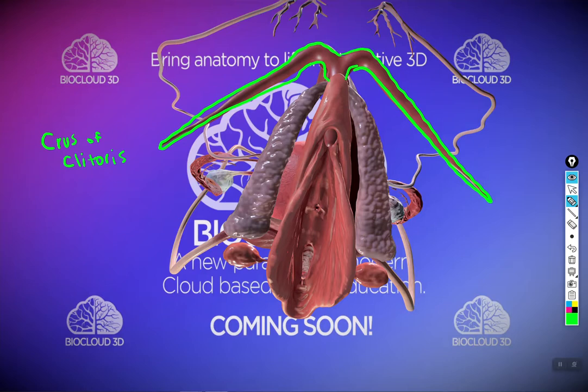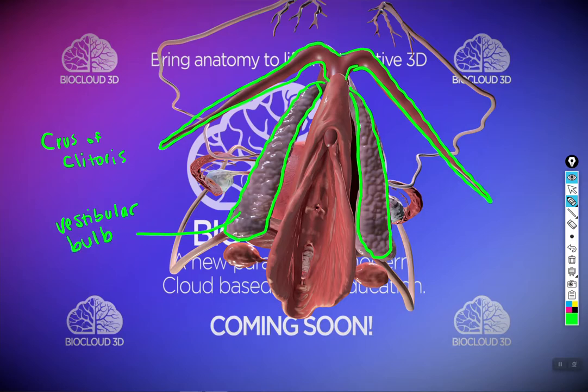And then also underneath the labia majora, we have the vestibular bulb, one per side. Those are also considered to be a structure of the clitoris.